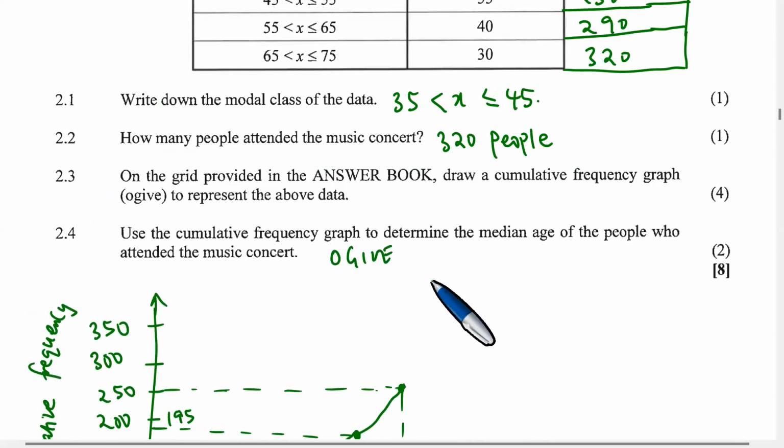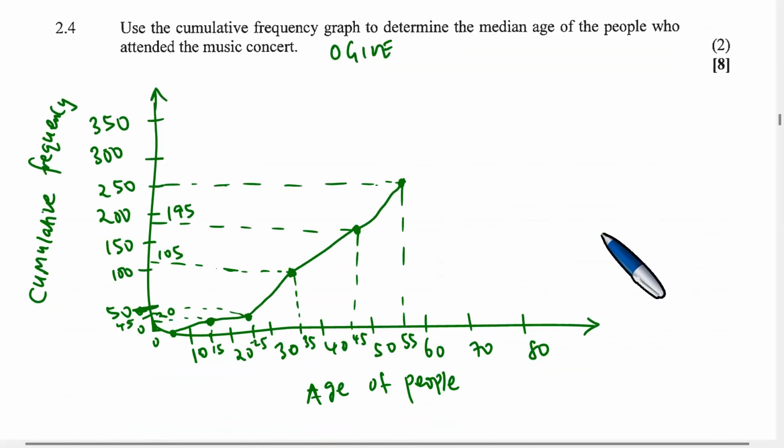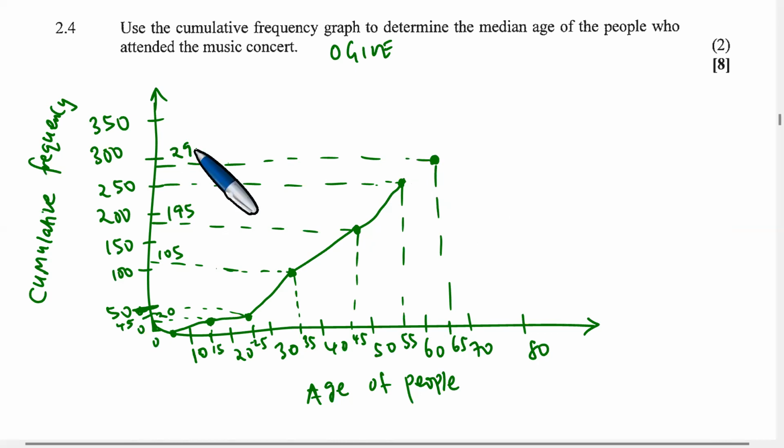Next, you have 65 goes with 290. 65 is somewhere here. It goes with 290.